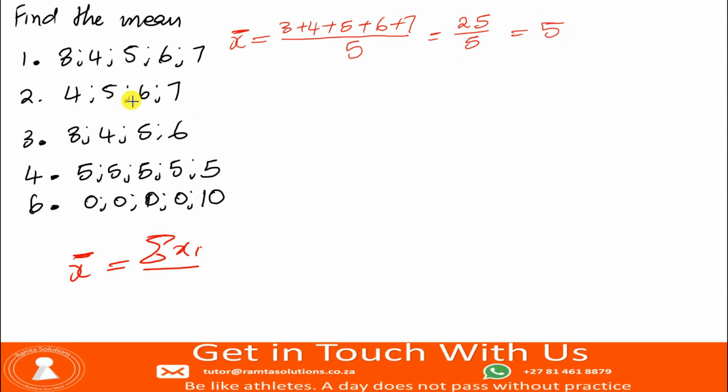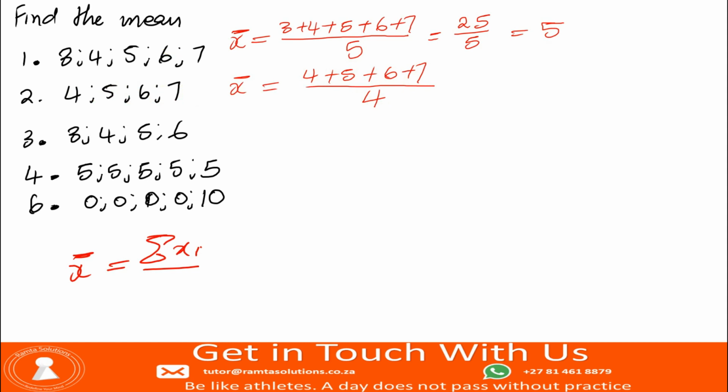Okay, let's try for this one. It'll be 4 plus 5 plus 6 plus 7 all over how many values are here? 1, 2, 3, 4. 4 values.